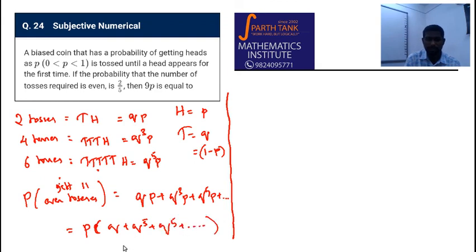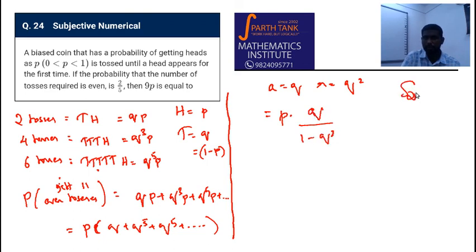This is a GP. First term is Q, common ratio is Q squared. Therefore this becomes P into Q by 1 minus Q squared, because sum to infinity is a by 1 minus r. Okay, so this is given to be equal to 2 by 5. How to solve?